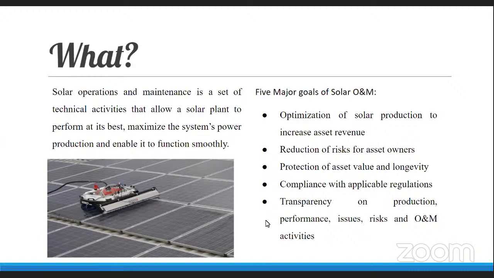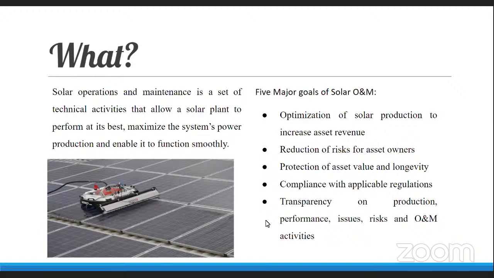Green Tech Media has divided solar O&M into five major goals. The first one is optimization of solar production to increase asset revenue. Optimized solar production can reduce the payback period, increase the savings, and also reduce the degradation, LID, and many other things. The second is the reduction of risk for asset owners.